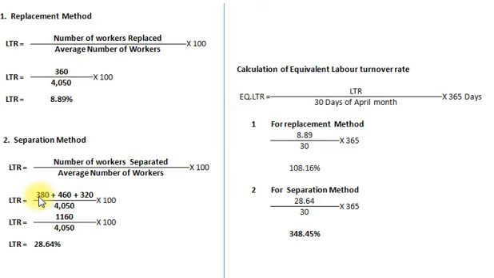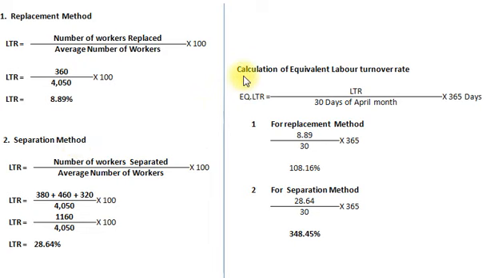Here all the laborers who were dismissed, who got retirement and who resigned from the company will be considered as separated workers, divided by average number of workers 4050 multiplied by 100. So finally we get 28.64% labor turnover rate under the separation method.